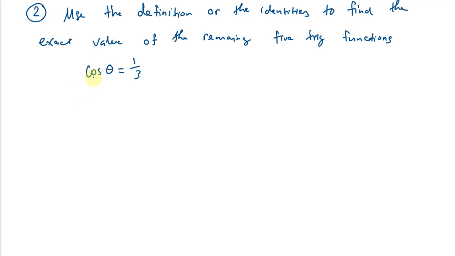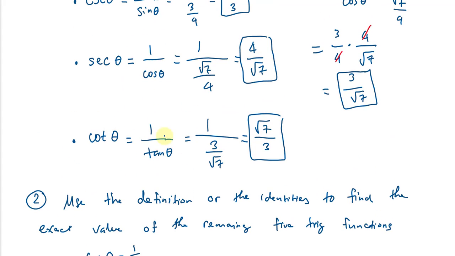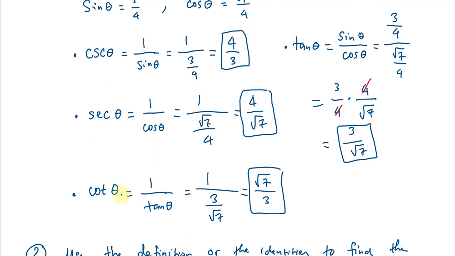Well, the first one, cosine is related to secant, right? Because secant is 1 over cosine.